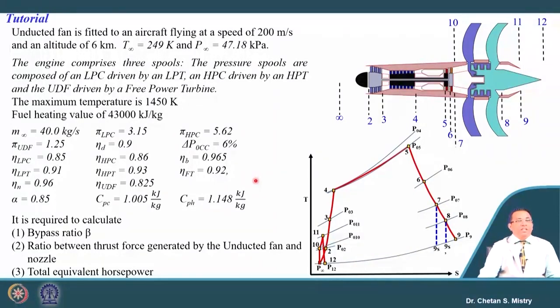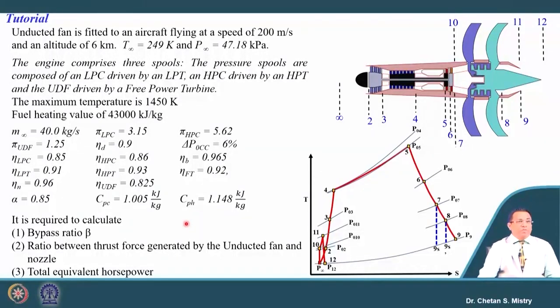The split factor is 0.85, Cp for air is 1005, and Cp for hot gas is 1.148 kilojoule per kg.